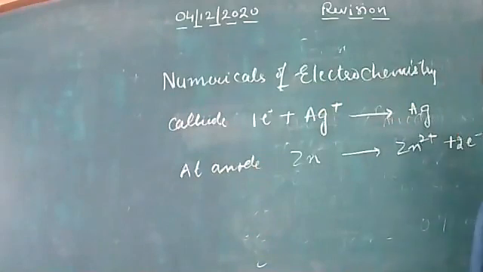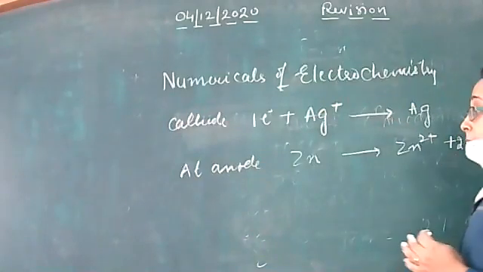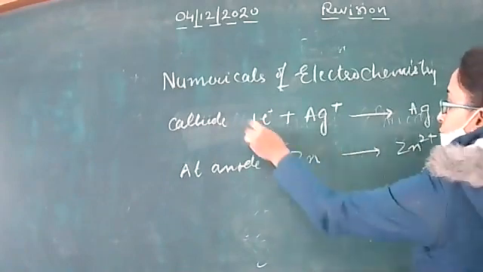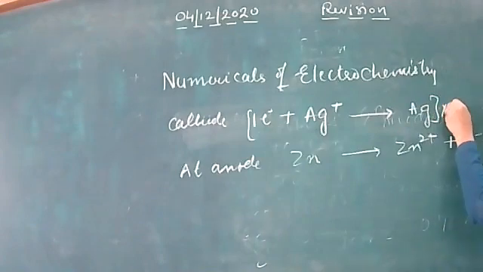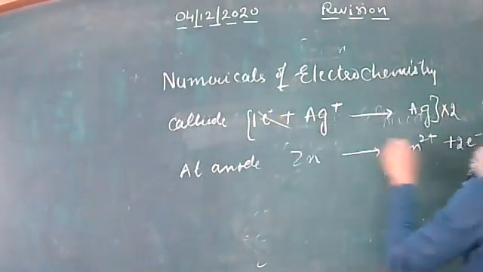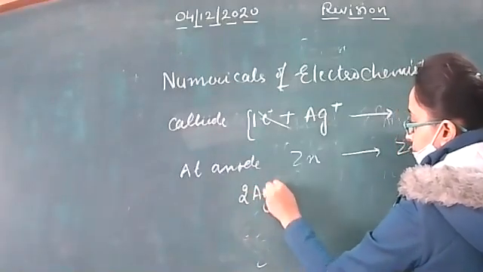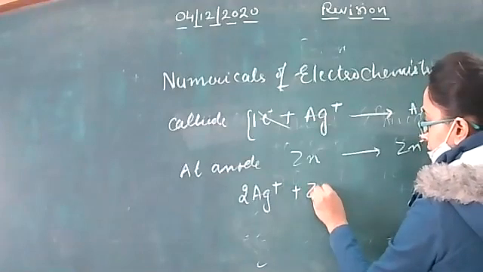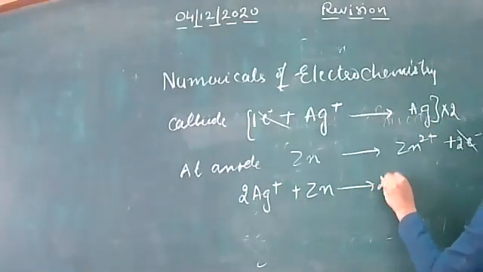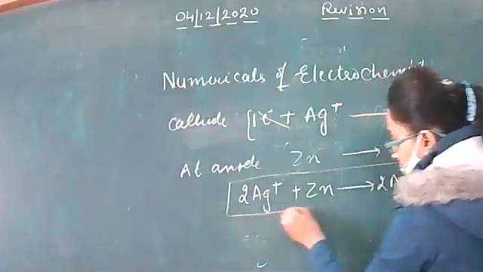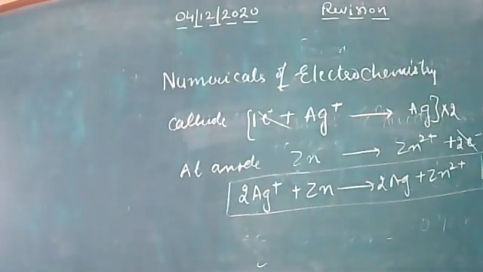Now you have done the redox chapter of class 11. Before adding the equations, you must equalize the electrons. So we'll multiply the silver equation by 2. So we get 2Ag+ plus Zn giving 2Ag plus Zn2+. This is our final reaction, for which we have to find E. Now what is E, beta?